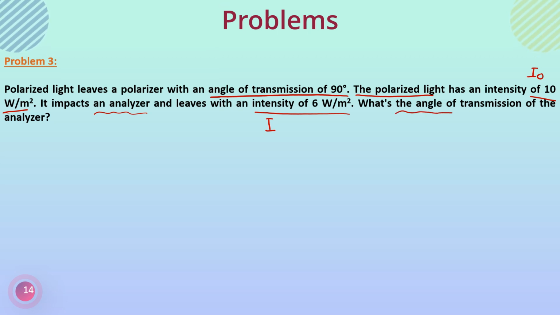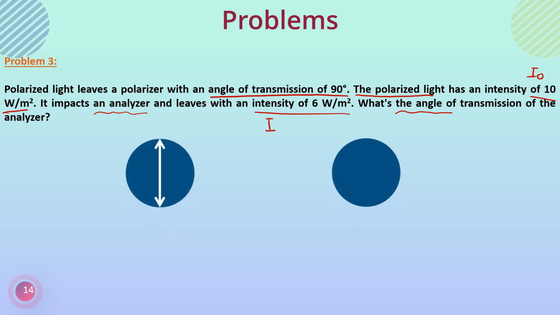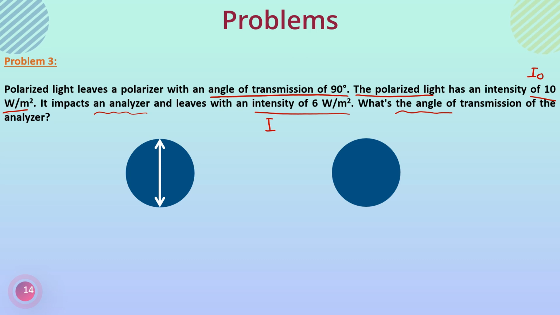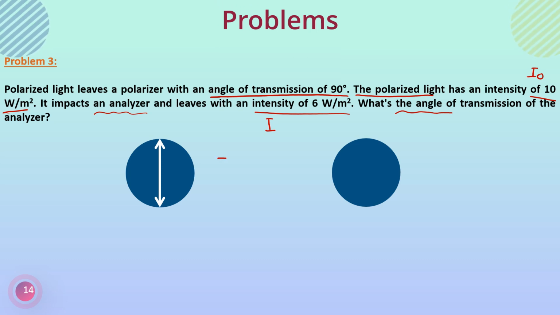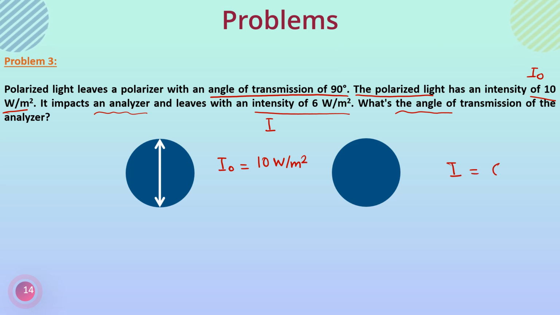He wants to know the angle with respect to the polarizer. We know the light is polarized, we know it's vertical, and we know that I naught, based on the givens, is 10 watt per meter square, and I is 6 watt per meter square. Our question is, what's the angle of the filter?